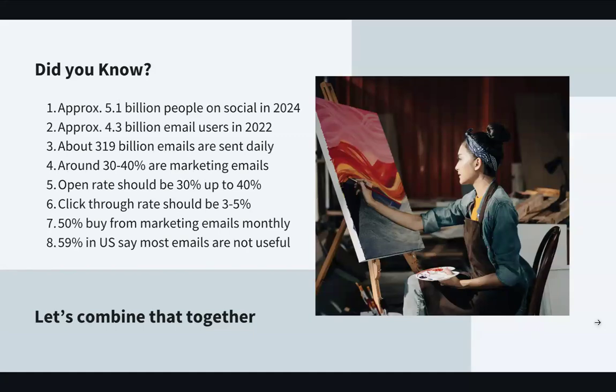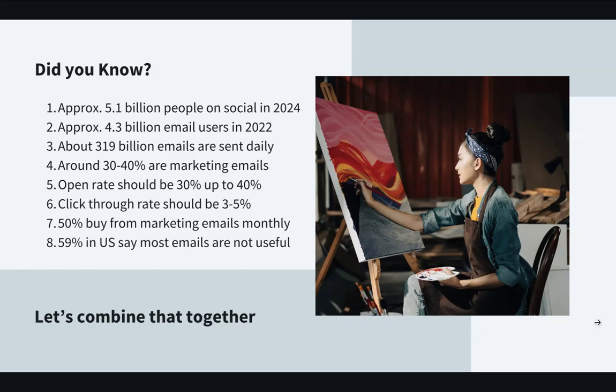But here, 30 to 40% are marketing emails, and they require opt-in. The open rate is seen as good between 30 and up to 40% when it's a large enough audience. If you segment your list down to a group of maybe only 50, you could even get 80%, particularly if you know them well.